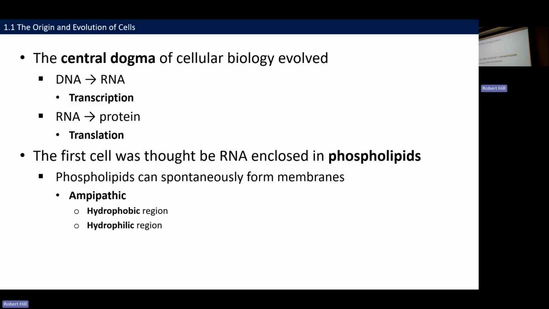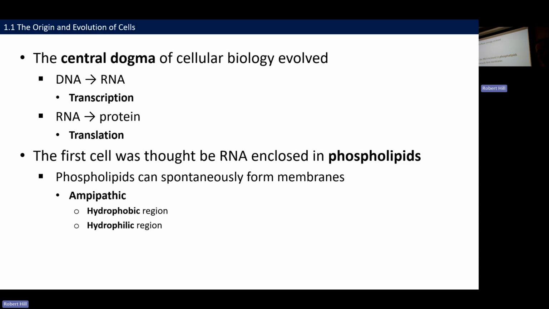But again, these things are scrunching together in this area because they're repelling the water. So here you have a molecule that has 2 different physical properties on it, and now it's orienting itself into a shape and a structure that can segregate the environment itself. And they can do this spontaneously.